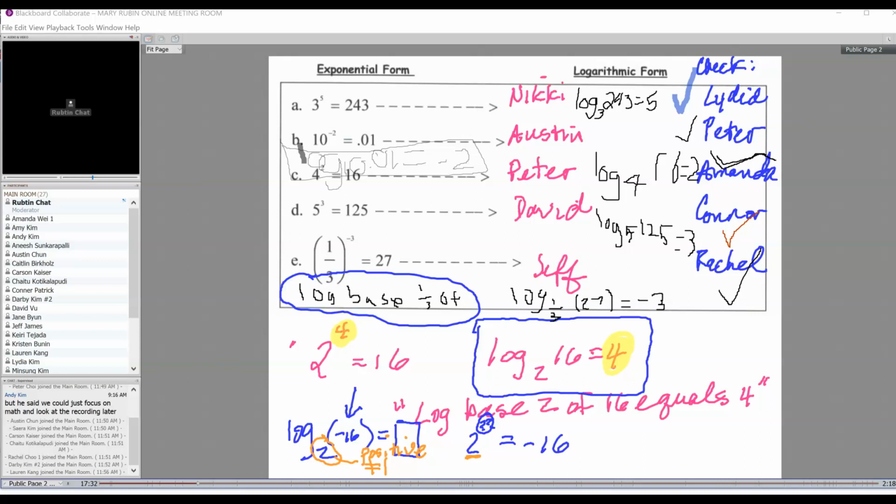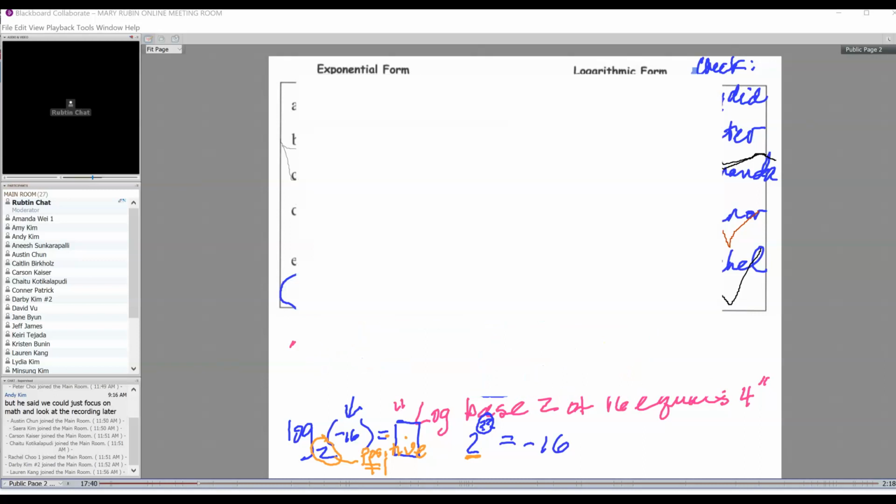Just think about that. Why is it not possible for the base for a logarithm to be 1? Think of log base 1 of 7, log base 1 of 9, log base 1 of 25. Why is it not possible?